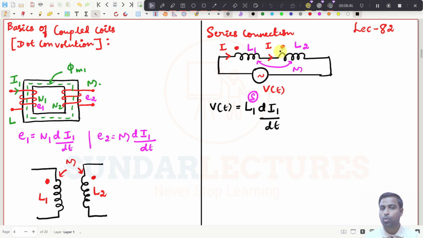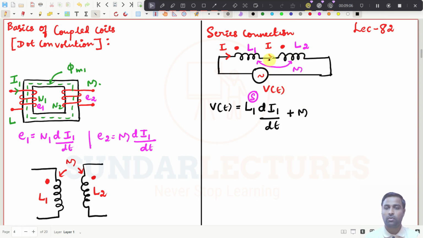Both are the same. So I have to put plus, and with the mutual inductance M, I have to write the current flowing in the second coil, because I am writing the mutually induced EMF.